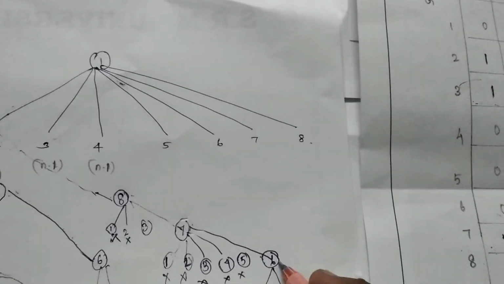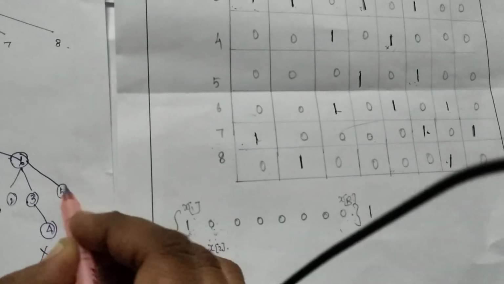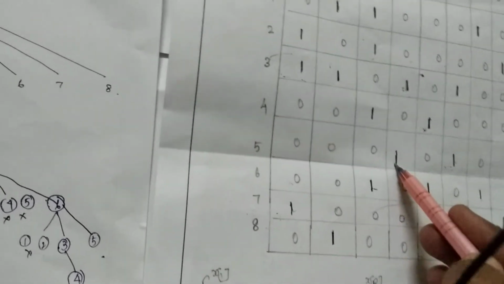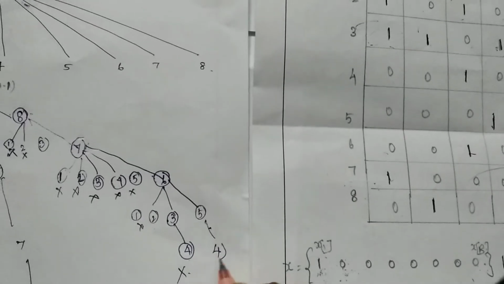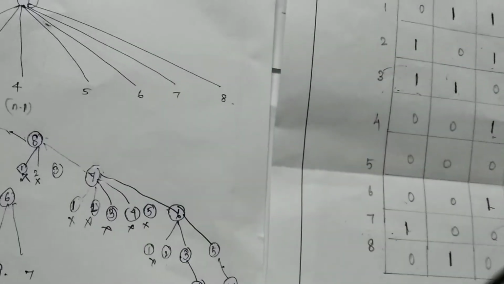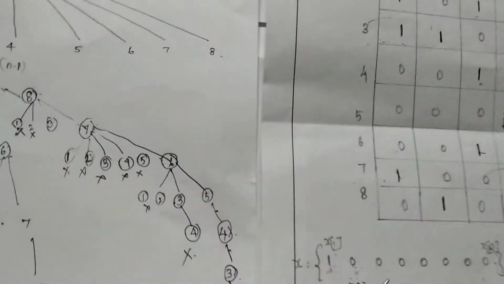So 3, 4 failed. There is no edge to 4. So 6 to 5. From this 5, there is an edge from 5 to 4, no? So 5 to 4 will be there. And from this 4, there is an edge to 3. So 3 will be coming. And from this 3, there is a possibility to go to 1.